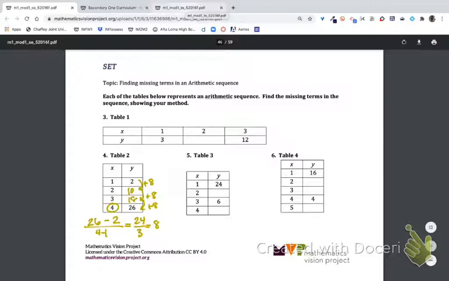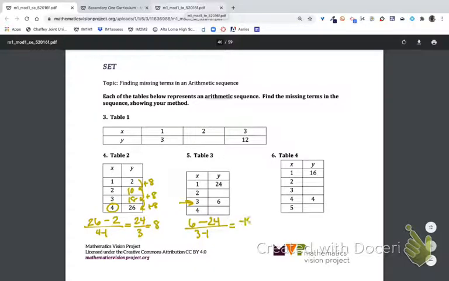Let's do number 5. The last term that we know is 6. The first term is 24. And we're going to go with our 3 minus 1 because we're going with the third term in the table.